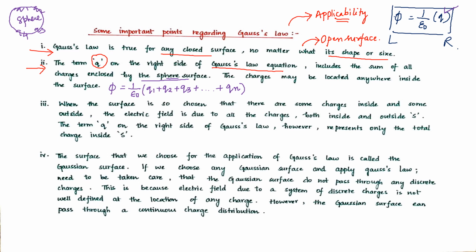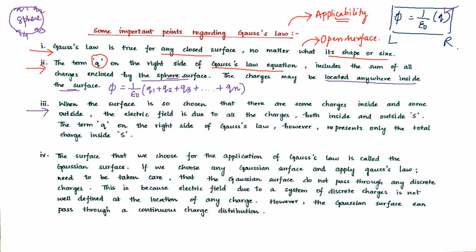The charge may be located anywhere inside the system. It is not compulsory for the charge to be at exactly the center or any other defined position. Charge can have any location inside the sphere.